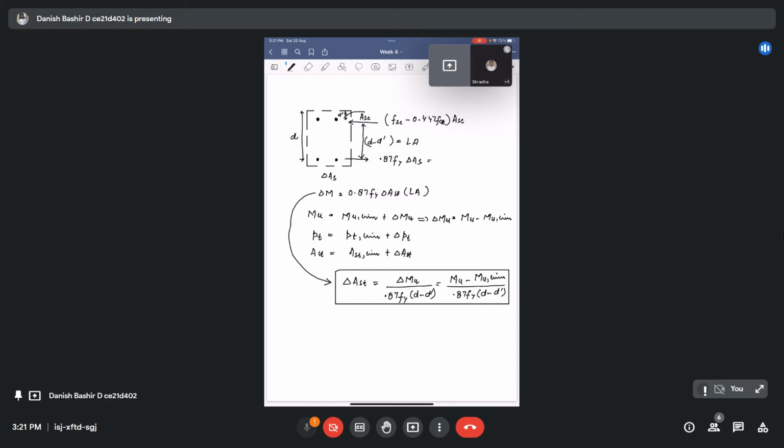Similarly, I can do one thing to this. I can rearrange this. I have another dimensionless term, R is equal to Mu by bd square. I divide Mu by bd square, I get a dimensionless term R. Another, R limiting will be then corresponding to Mu limiting by bd square.